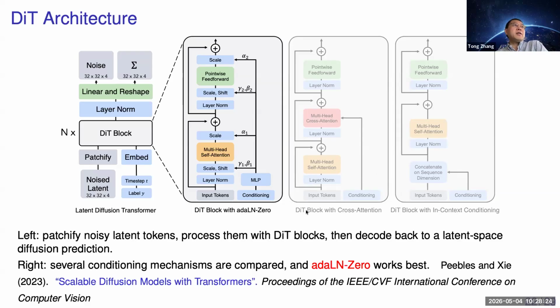The other option is the DiT block with cross attention. Here the condition comes from multi-head cross attention, right? If you have text conditioning, this is particularly helpful because you have token sequences. Think about Stable Diffusion, where they have BLIP producing token sequences.